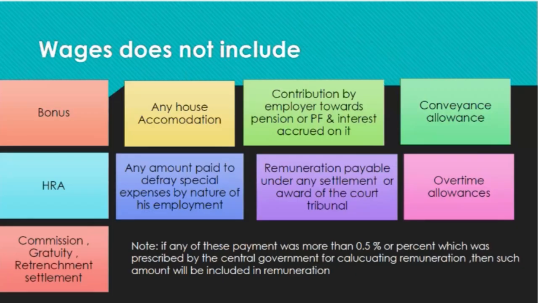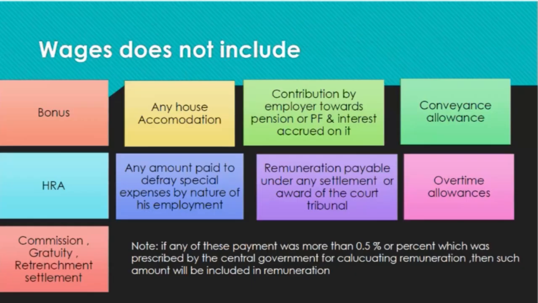Quarters கொடுக்குறாங்க, railway quarters இருக்கும், any government organization, they'll have a quarter facility. So that is a facility provided in kind, but that is also kept outside the purview of wage definition. The amount that is paid to defray any special expenses, commission, gratuity, these are kept outside the purview of wages.